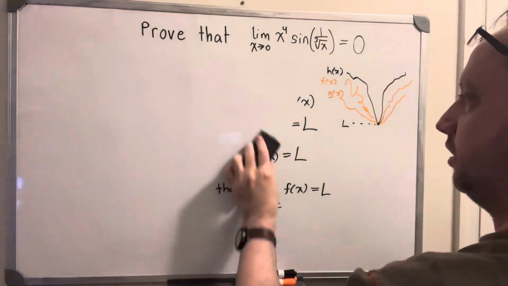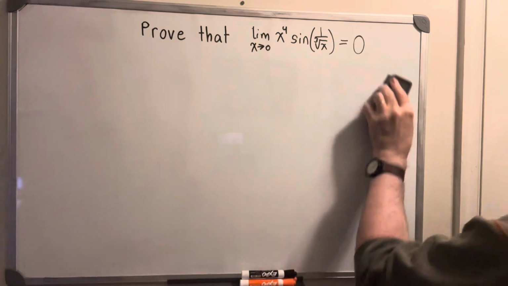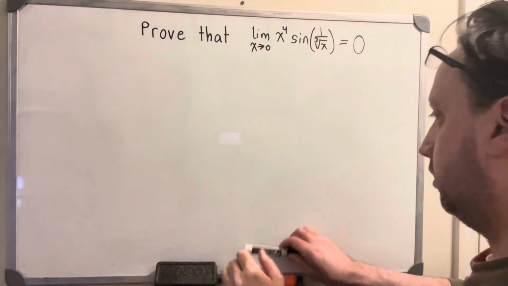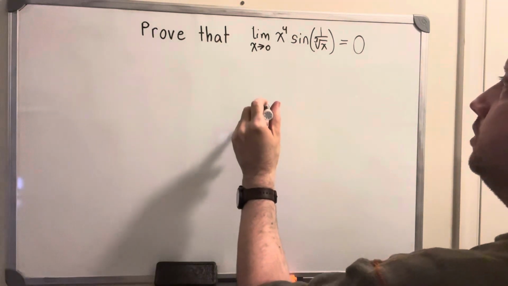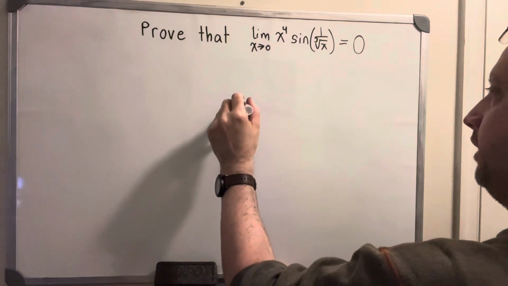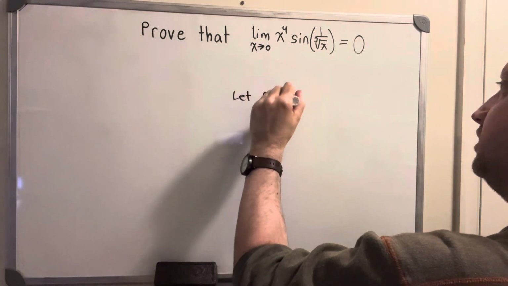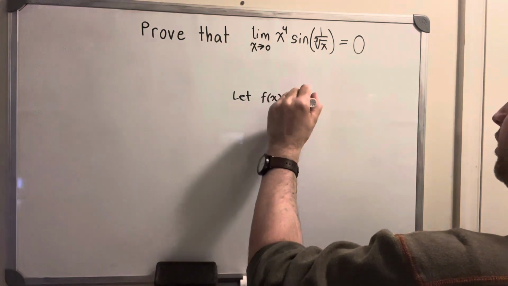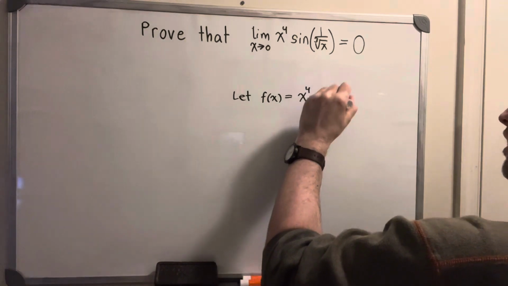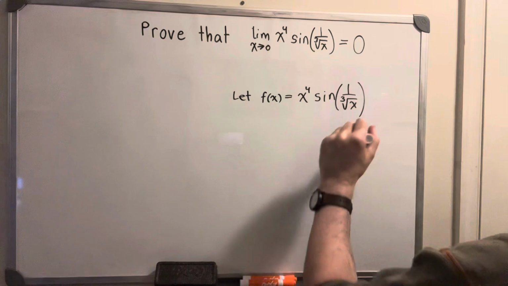So we're going to use the squeeze theorem in this, but now you have to use some creativity and figure out. We're actually going to let f of x equal the whole thing, x to the fourth times sine of 1 over cube root of x.